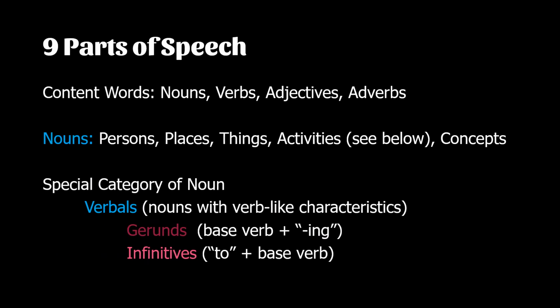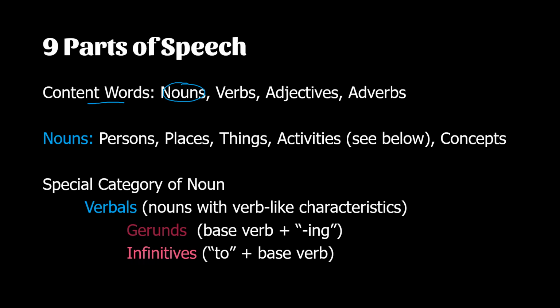The next content words that we're going to focus on are nouns. Nouns are anything that is a person, a place, a thing, an activity, which we'll get into more depth below, and concepts.